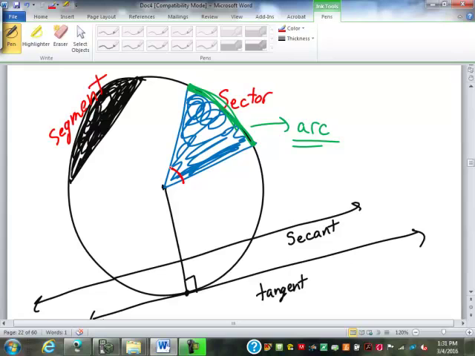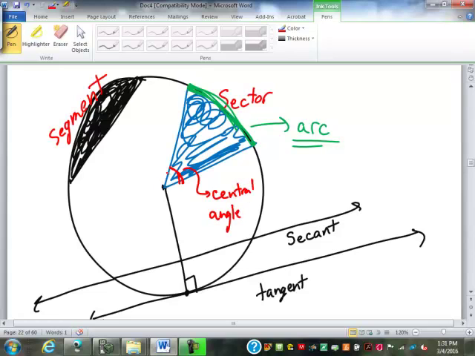The angle between 2 radii is called a central angle.